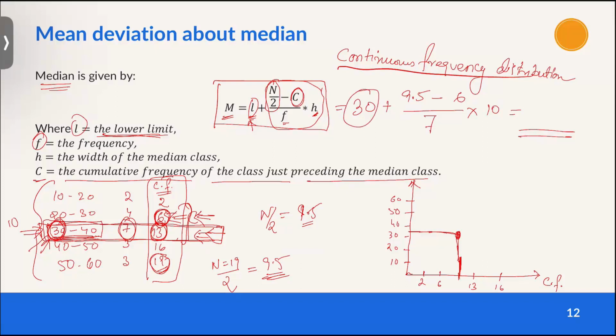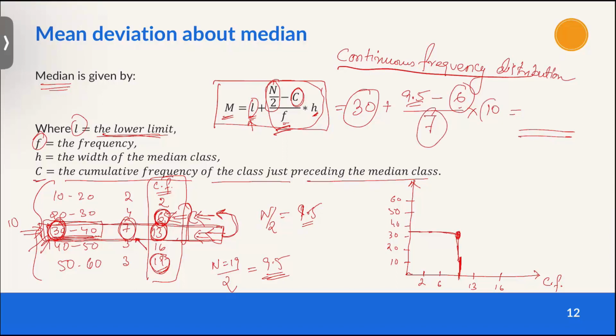Then you take N by 2, which I have written as 9.5. You take C. What is C? The cumulative frequency just above this median class, which is 6 here. Now F is the frequency of that class, which is 7 here.